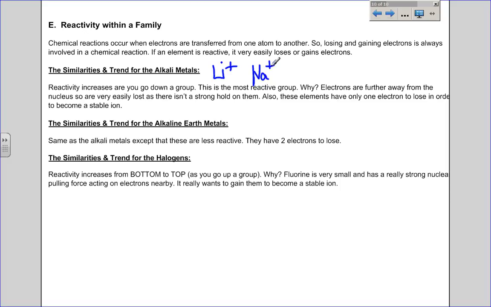So the trend for ionization energy is going to really help us. As we go down a group, the ionization energy decreases, the ability to lose an electron increases, and therefore the reactivity is going to increase. The more loosely held the electrons are, because of the size of the atom, the more easy it's going to be to remove the electron, and therefore the more reactive it is.